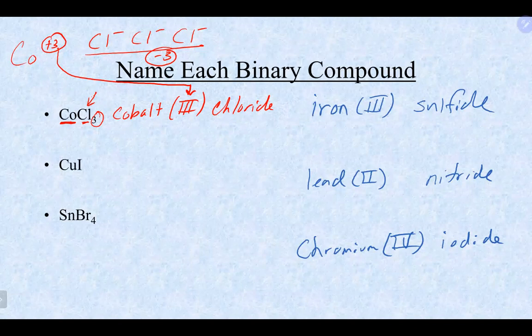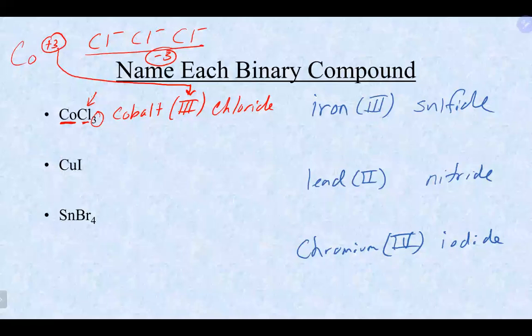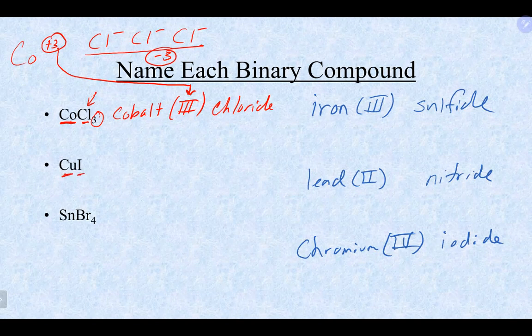Looking at the next one, we see Cu, which is copper, a metal, and I, which is the non-metal iodine. Once again, it tells us it's ionic. Looking at the metal, which is in the transition metal region, we should figure out what the charge is on it. In this case, we have 1 iodine, which is group 7 and -1.